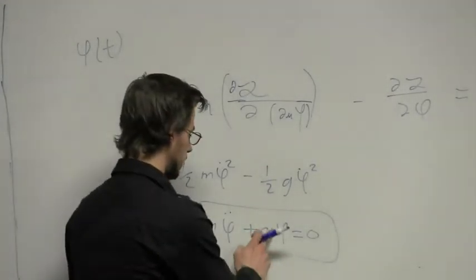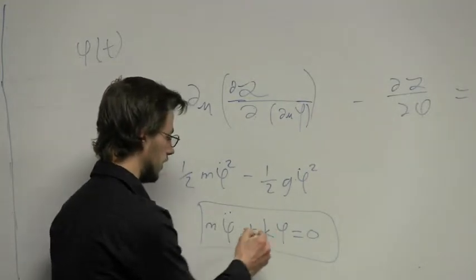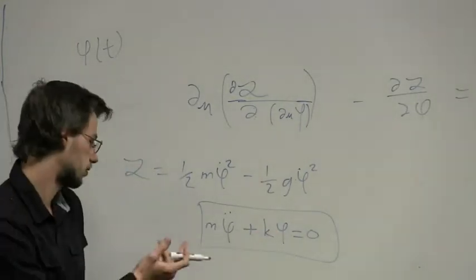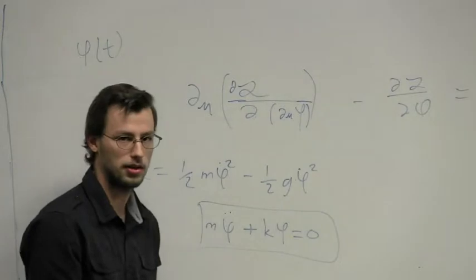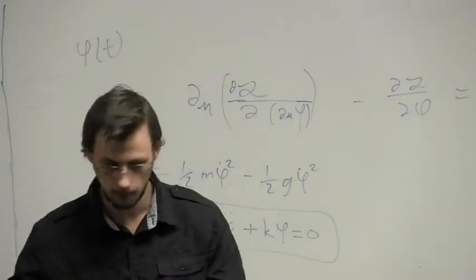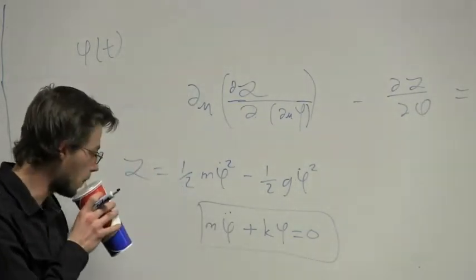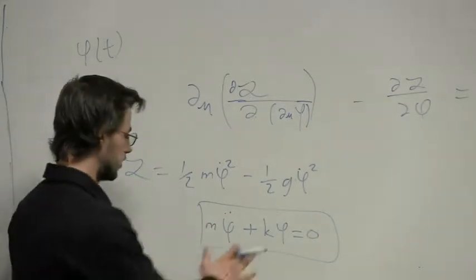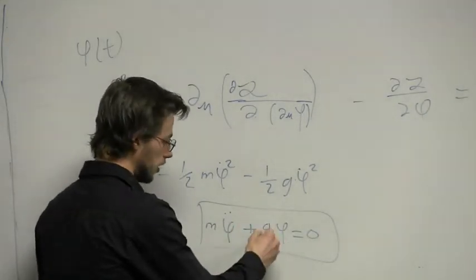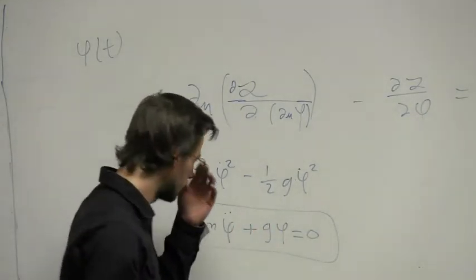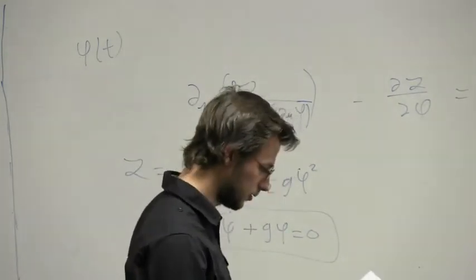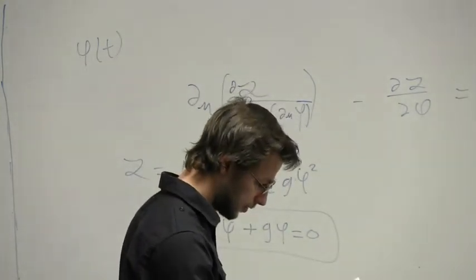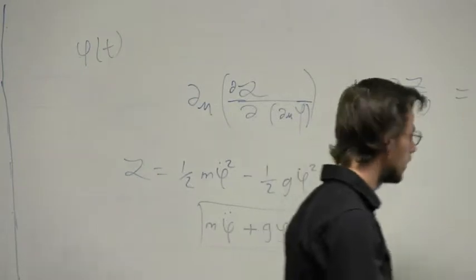If I send g to k, you have the classical harmonic oscillator, and the quantum harmonic oscillator, the same equation for both. But in general, this is a coupling constant g. Hopefully that looks familiar and you're happy.